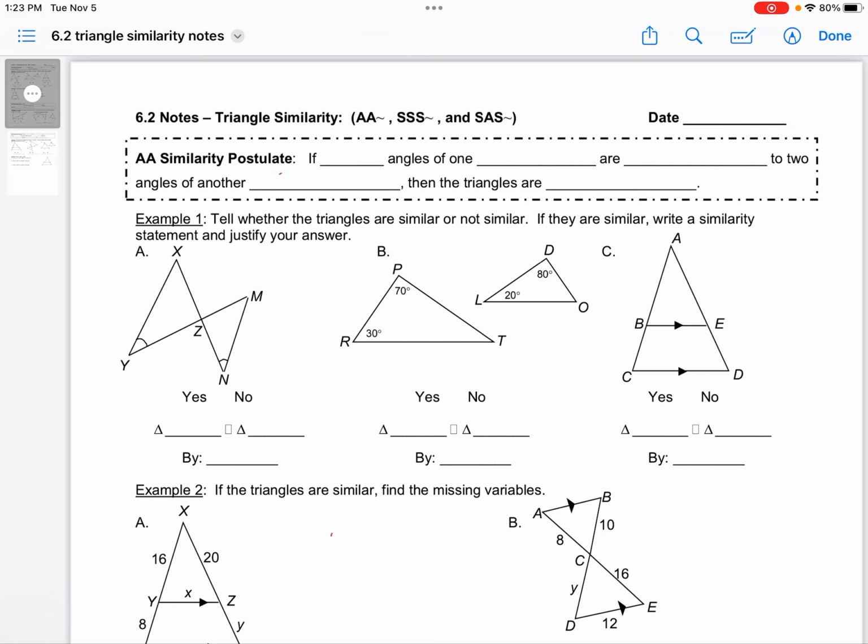We have AA, SSS, and SAS, where A's are angles, which you probably got before, and S's are sides. So when we have AA, we're talking about angle, angle.